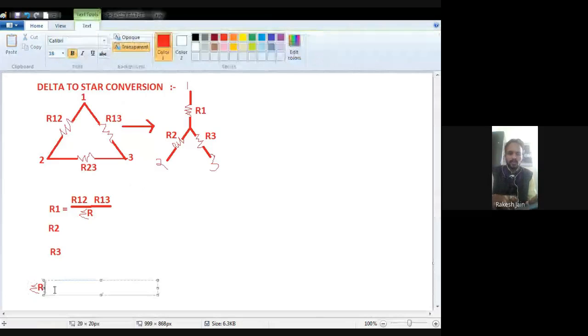What are the given resistances? R12 plus R13 plus R23.